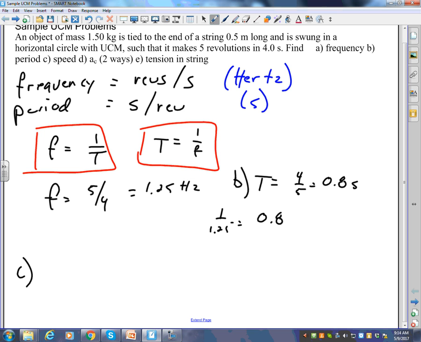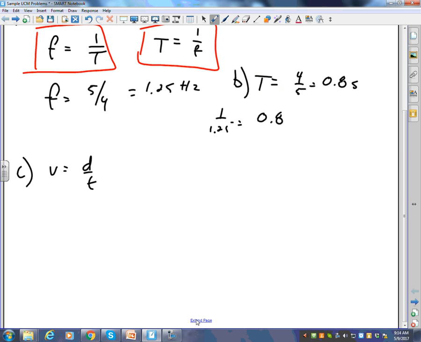Once again, speed or velocity is distance over time, and I think we did this in our formula derivation. Because it's going a whole circle, that's the circumference over the time, or 2 pi r, and the time is the period.